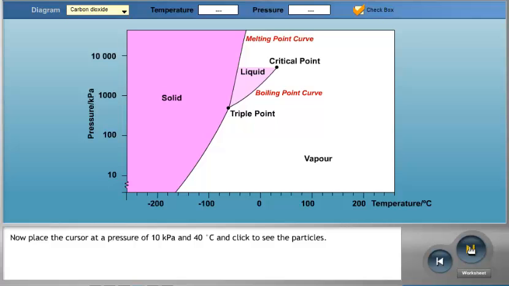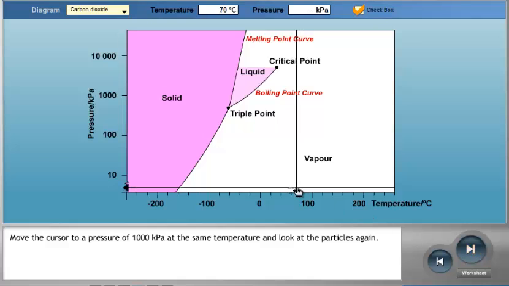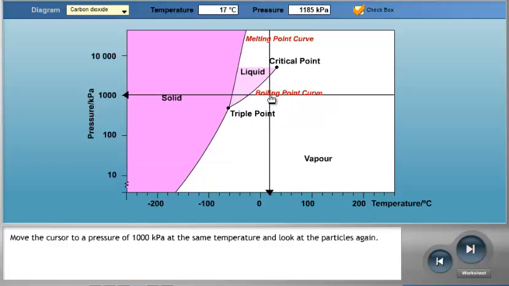Now place the cursor at a pressure of 10 kilopascals and 40 degrees Celsius and click to see the particles. Move the cursor to a pressure of 1000 kilopascals at the same temperature and look at the particles again.